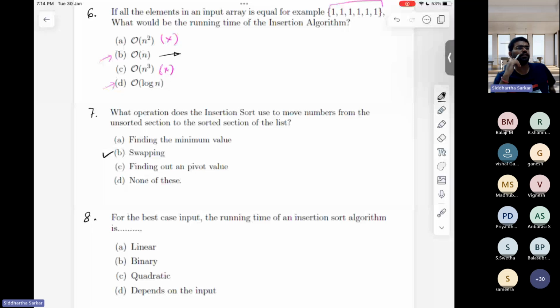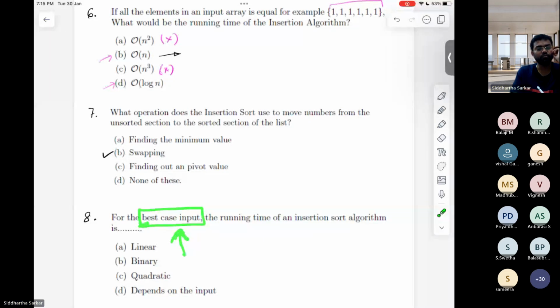Vishal, you are saying D, depends on the input. Okay, so it of course depends on the input, but we are saying that the input is also specified. That is the best case input. Right, Vishal? So the best case input is the input for which the running time is the smallest. And we are considering that input.